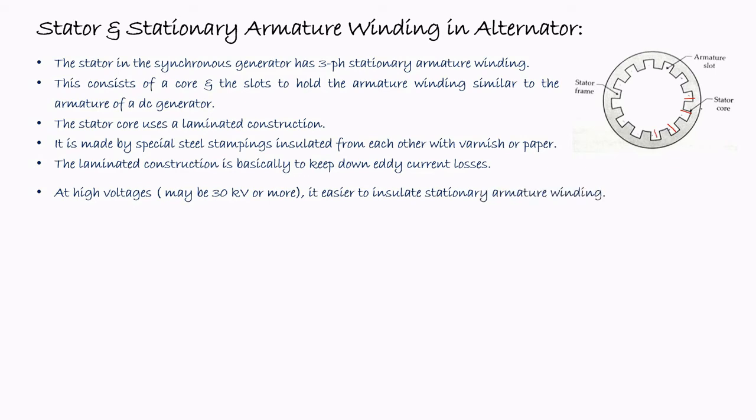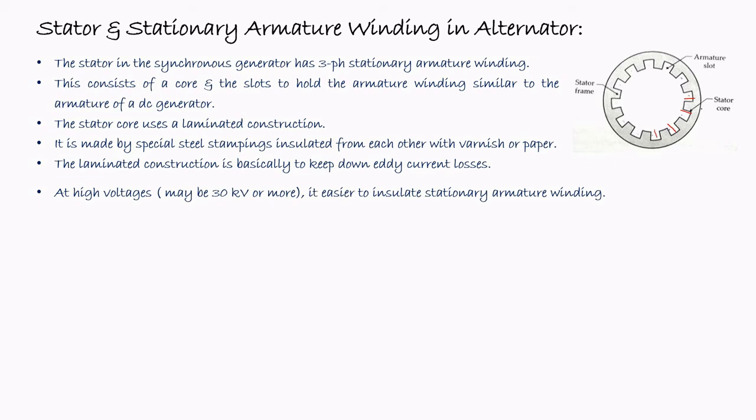At high voltages, that is around 30 kV or more, it is easier to insulate the stationary armature winding that we have mentioned earlier. When the voltage or the power level is very high, we require a huge amount of insulation so that there will be no accident or short circuiting.